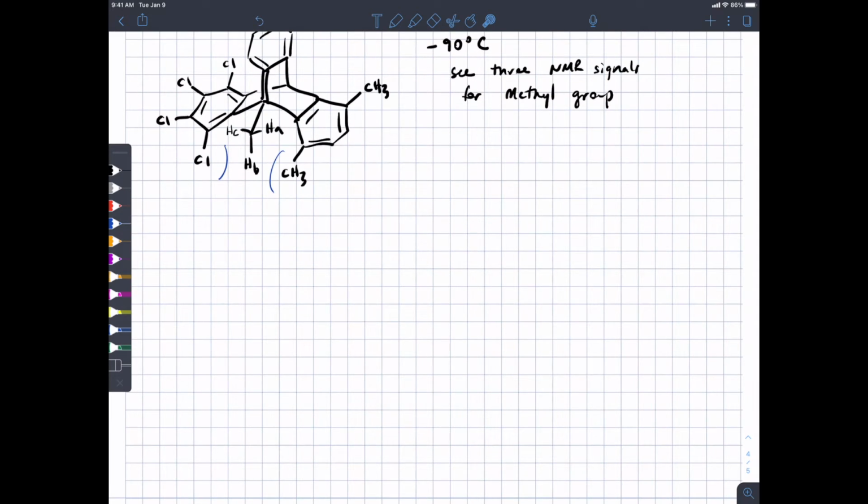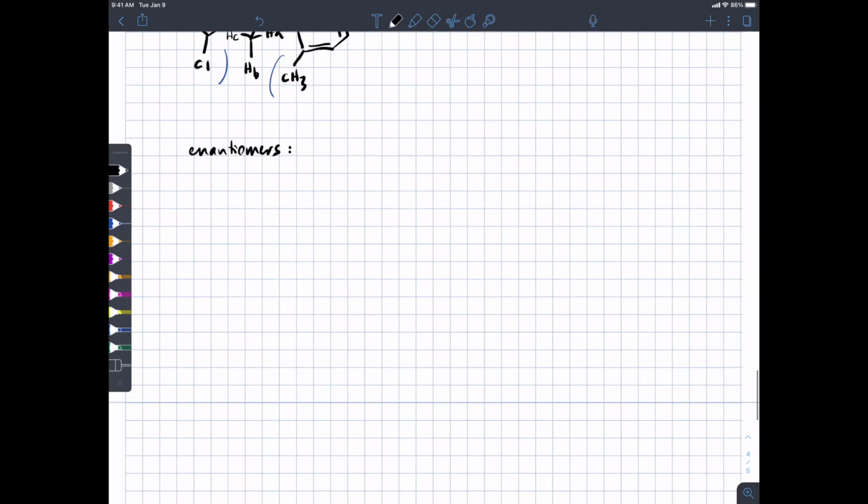There's also examples of enantiomers that can exist and be separated because rotation around a carbon-carbon bond is slow. We may have dealt with this a little bit before when you were doing calculations on conformations of butane, and I told you to only worry about the unique conformations.